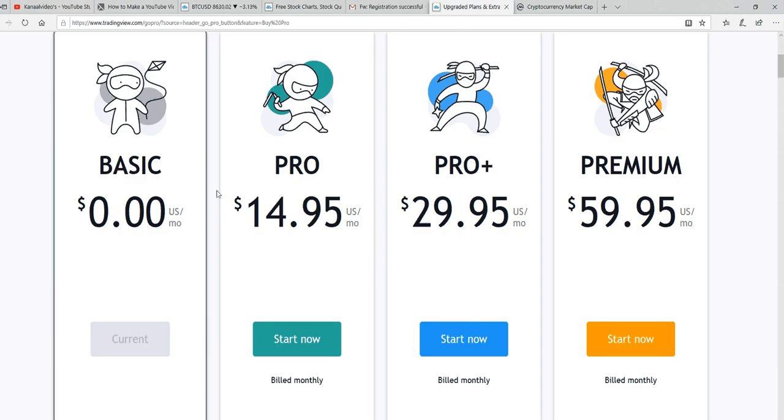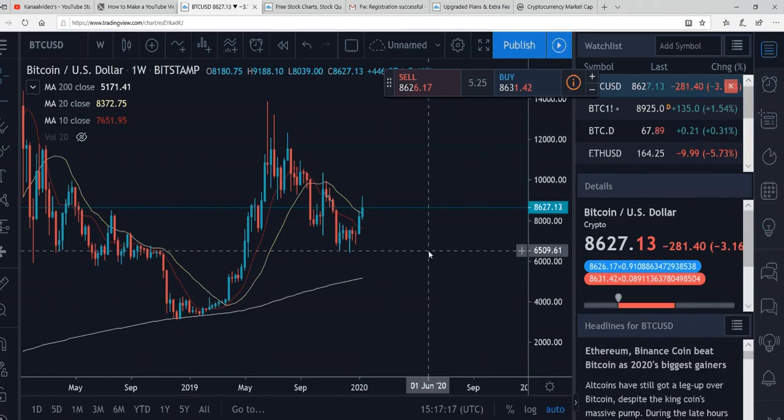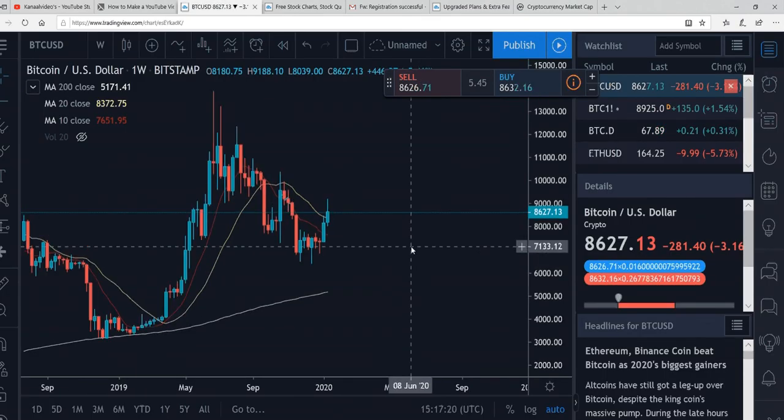So you can save that money. I've done that for more than a year, so that's around $180 I've saved on my Tradingview account. So I recommend to do the same, to get the pro account for free. If you want to do that, just send me an email with a request, and I can give you the steps by mail. It's that easy.